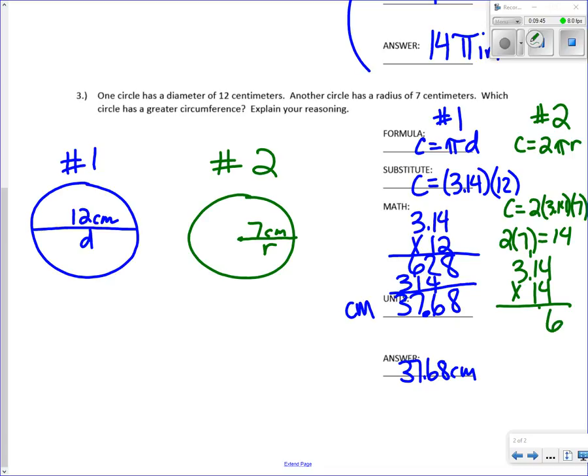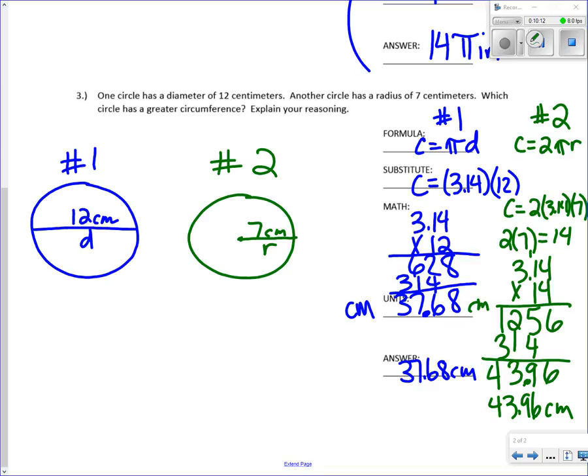4, 5, 12, 4. 2 decimals up there. We're dealing with centimeters again as our unit of measure. And this answer is 43.96 centimeters.